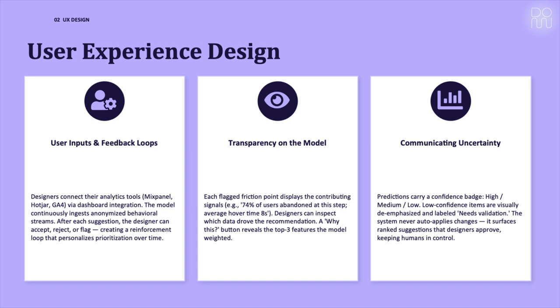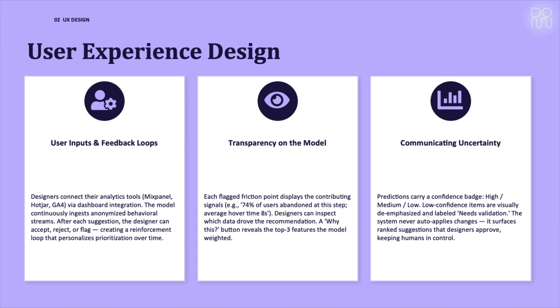About the transparency of the model, each flagged friction point displays the contributing signals, like 70% of users abandoning each step, or dropout rates and such. So we can inspect which data drove that recommendation, so that there is explainability and transparency here.